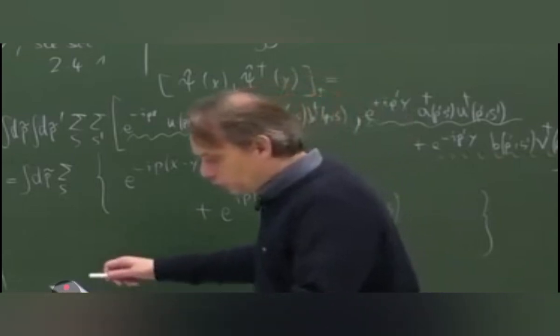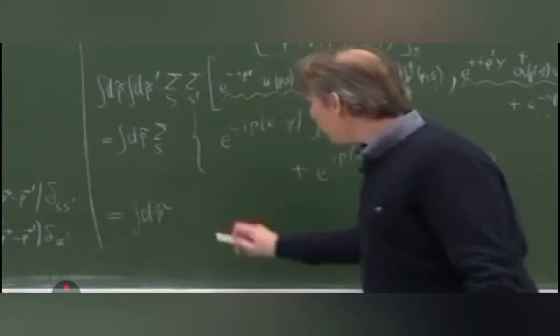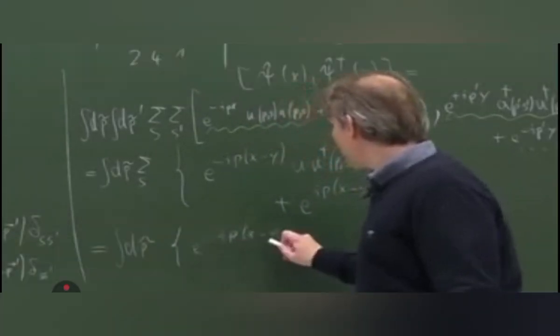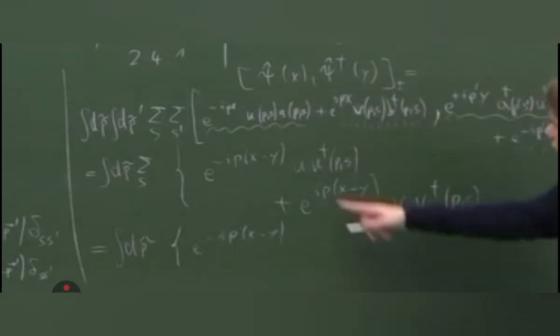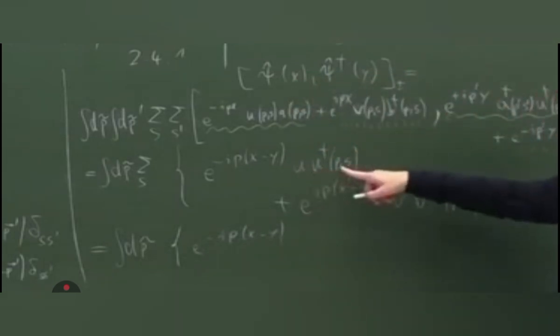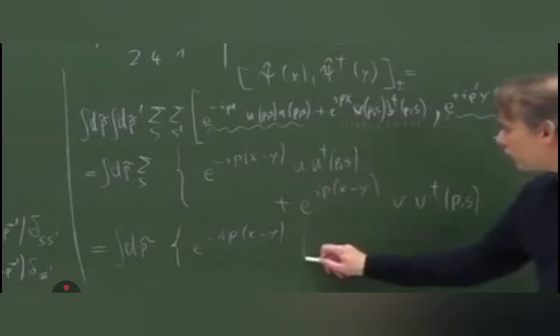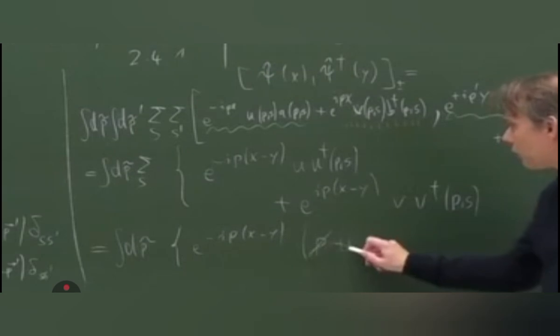And okay, then you can apply the sum over s, e to the minus I p x minus y. So this sum of u dagger with argument p comma s, sum over s, is this completeness relation, and that gives just p slash plus m. That was what he wrote down the last time.